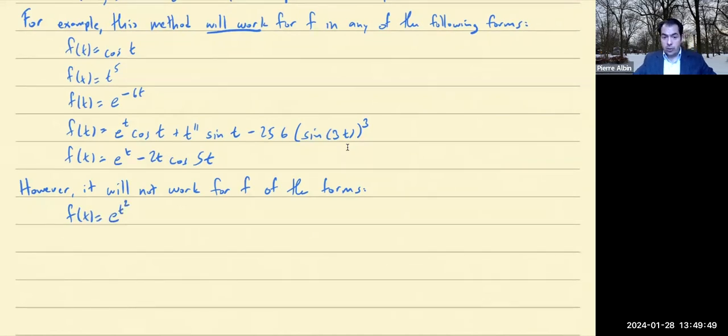That won't work. F of t equals tangent t, f of t equals cosine t divided by t, right? So cosine t times t is fine. Cosine t divided by t is not fine, right? Not that there's anything wrong with those forcing functions, it's just that this particular method will not work.